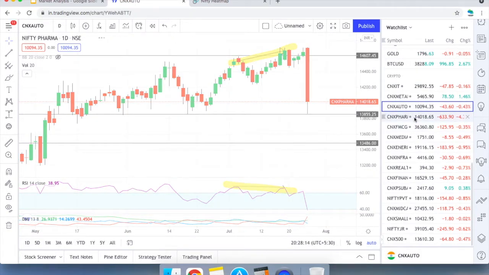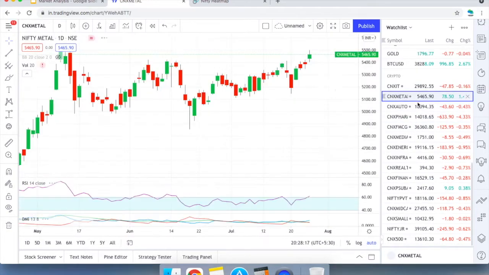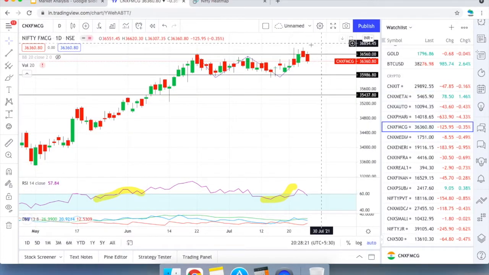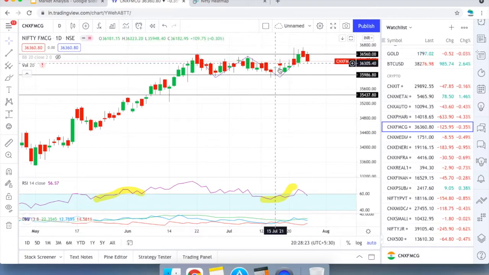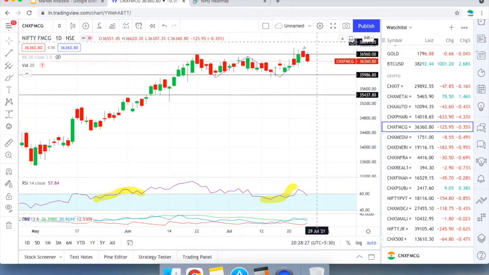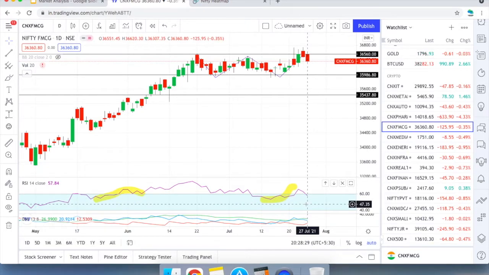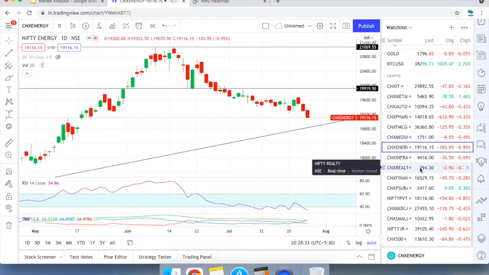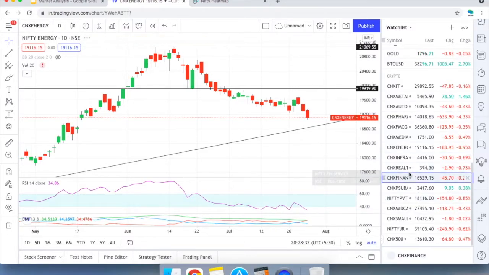So auto and pharma are bearish, metal and IT bullish, and FMCG could not break out from the W pattern, the double bottom pattern, and it seems to be hovering around that and has slightly slipped into the sideways. But overall, bullishness may still be left there.